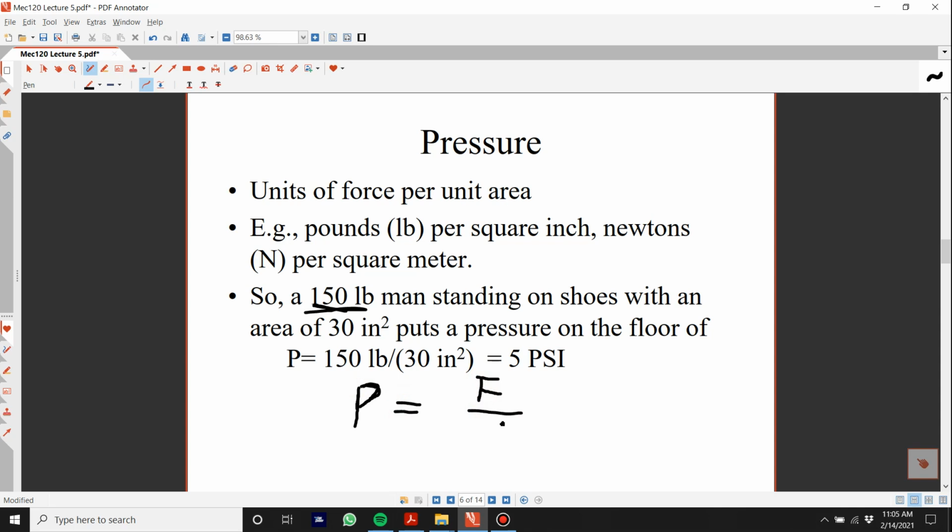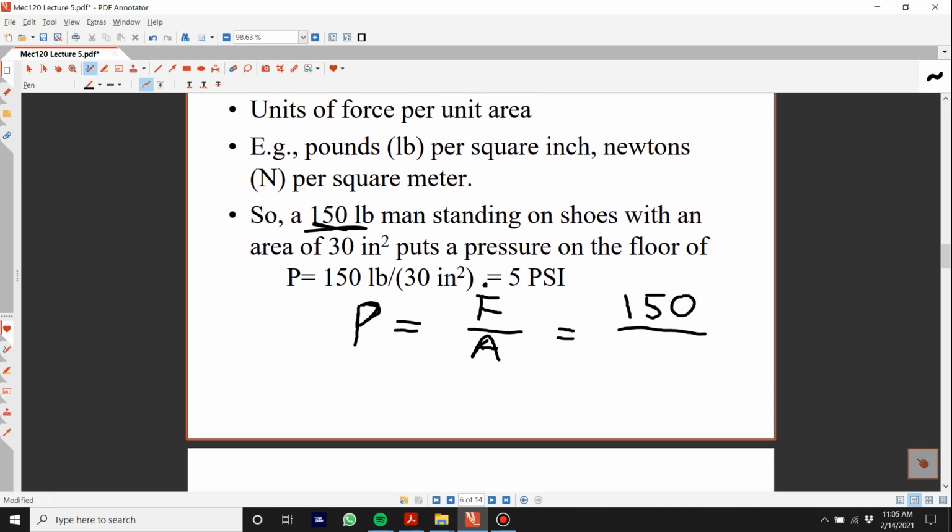Let's not use me as an example. So the force is 150 pounds. The shoe area is 30 inch squared. So what are we getting? 5 psi.